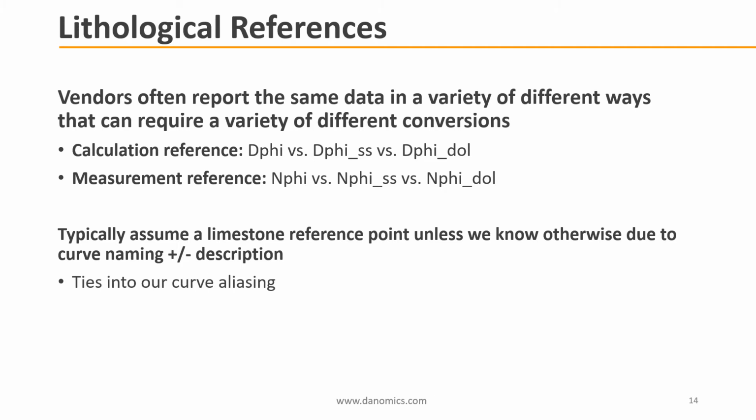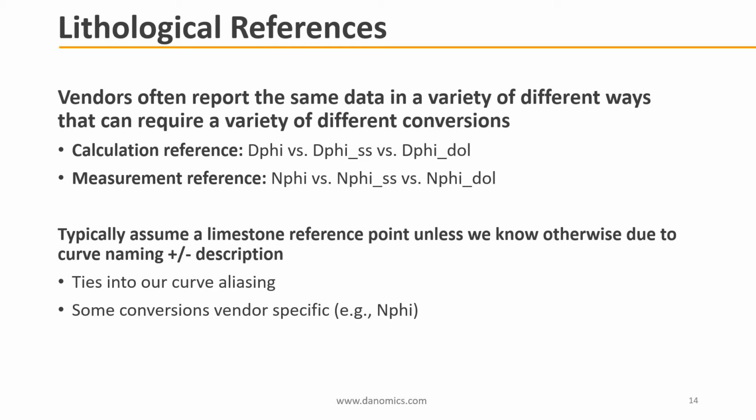And it's important to remember that this ties into our curve aliasing. So you need to alias d phi versus d phi sandstone versus d phi dolomite differently. Same for the neutron. And in some cases, especially with things like neutron, these are vendor specific corrections.